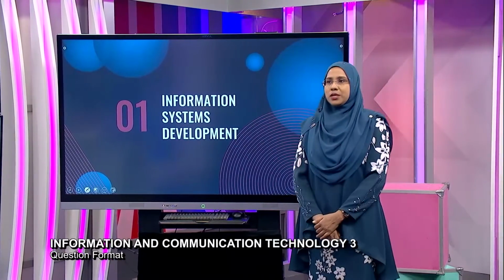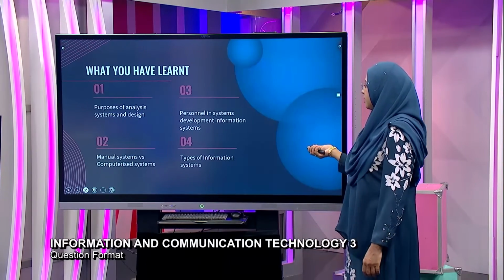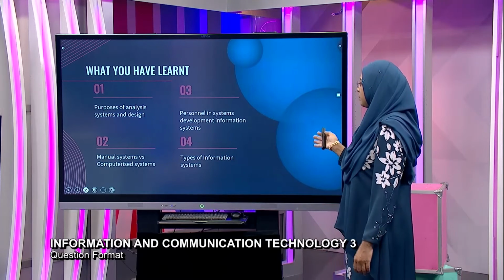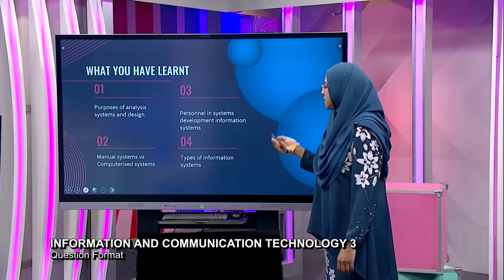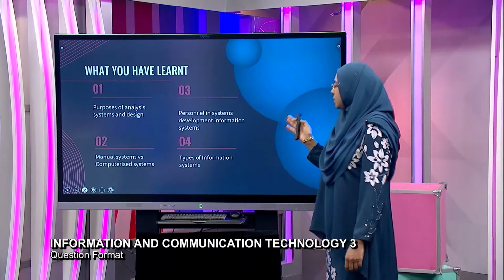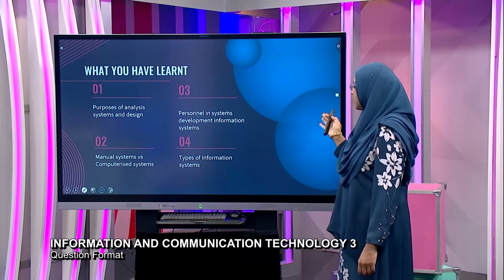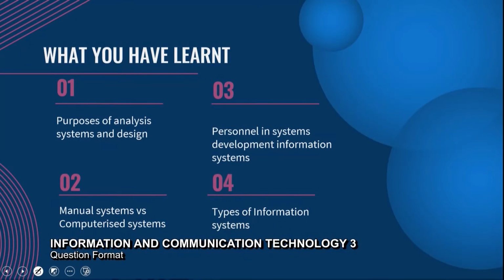The first chapter is about information system development. There are 4 topics in this chapter, a very small beginning chapter. We learn about the purpose of system analysis and design, manual system versus computerized system, the third topic is personnel in system development, and the fourth is types of information system.